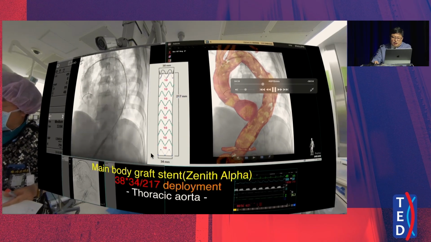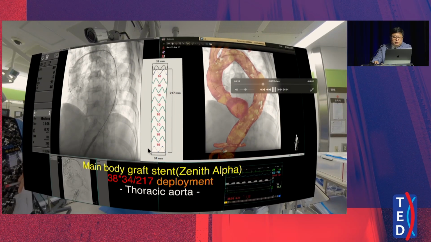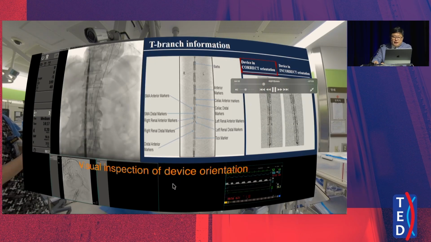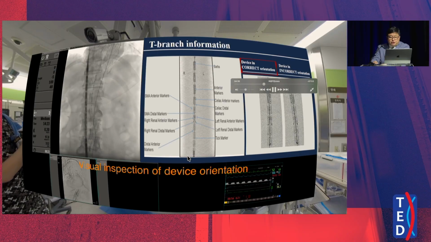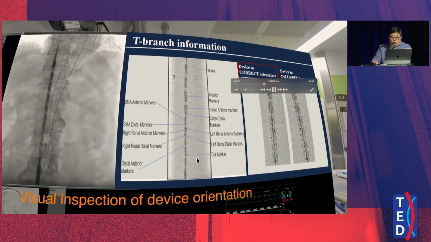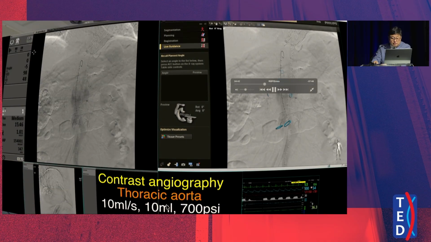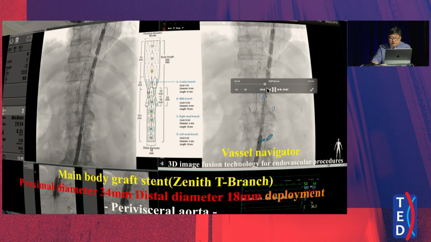And then we deploy the T-branch off-the-shelf device afterwards. So when we position the T-branch device, we need to see the markers. Oh, sorry.